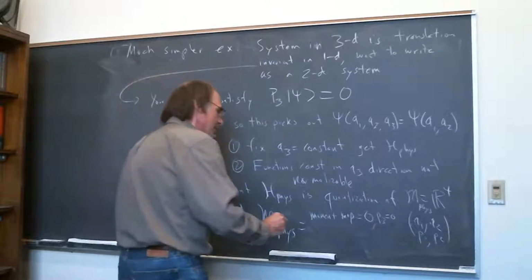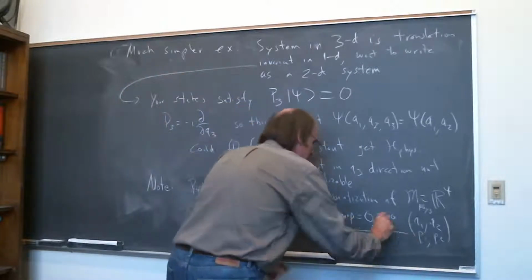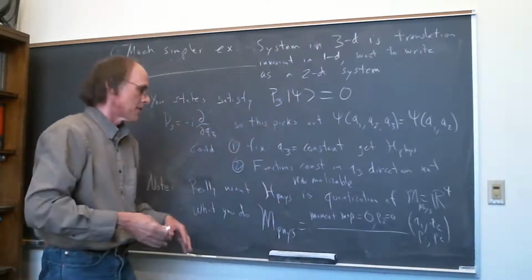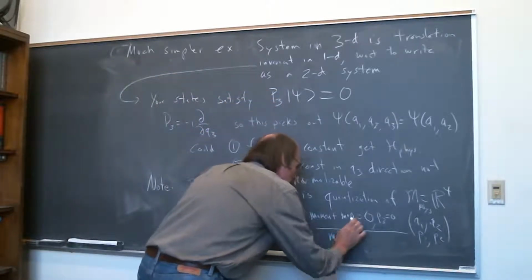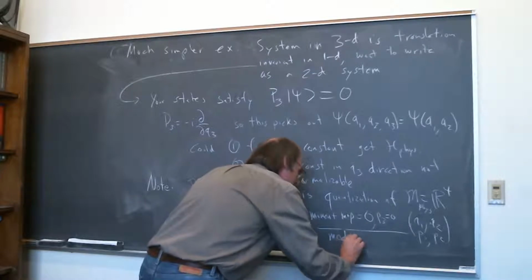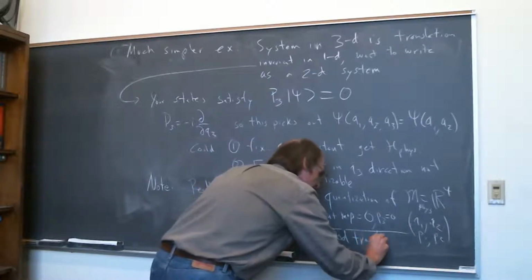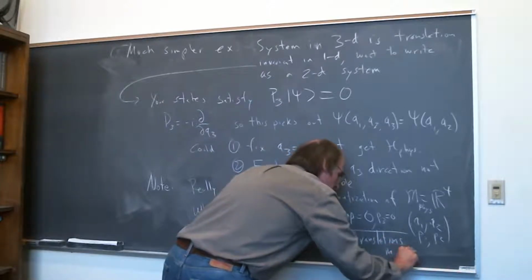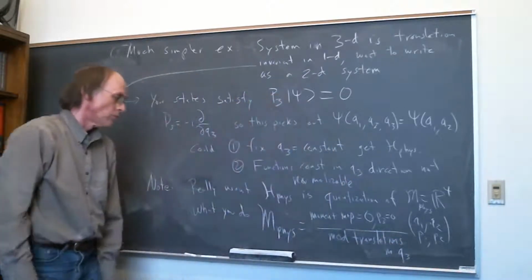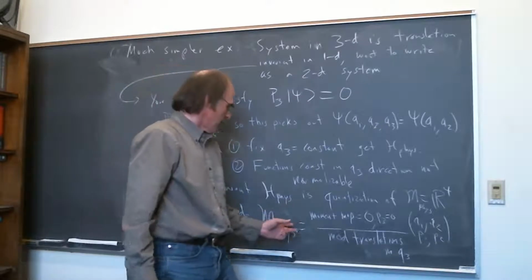And so you have to mod out this 5-dimensional space by a 1-dimensional space: mod out by translations in Q3.